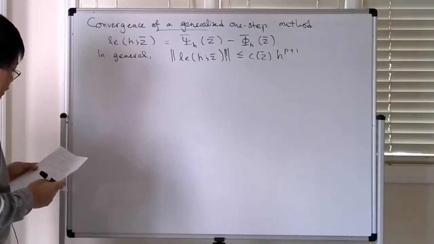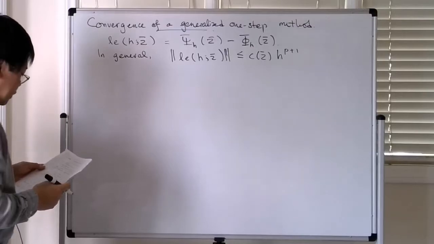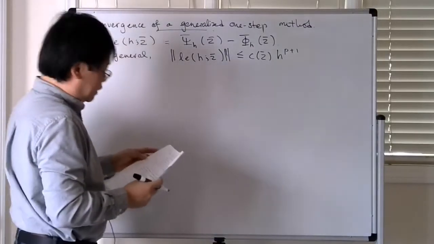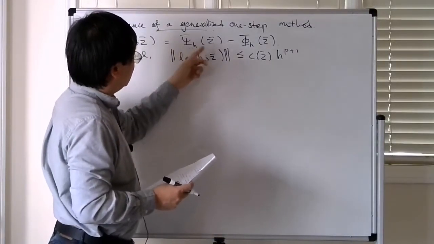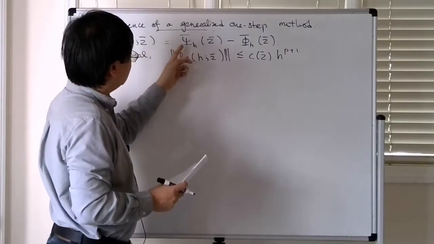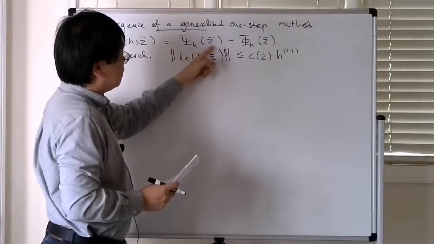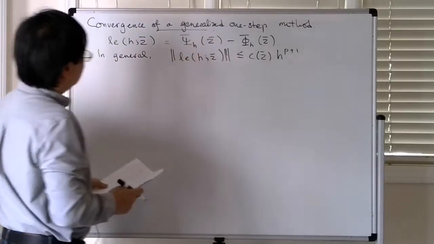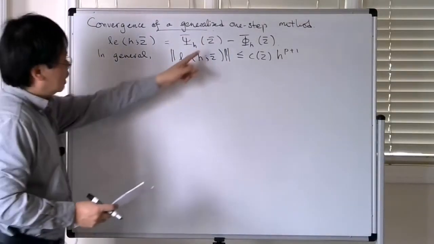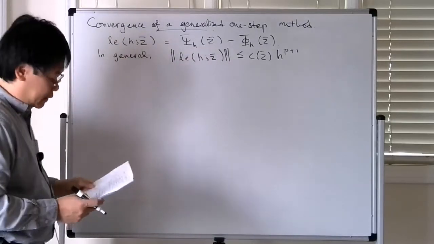And then you further suppose that there are some constraints about the extent to which the numerical method depends on the initial data it's being applied to.